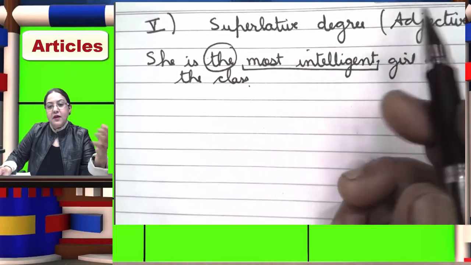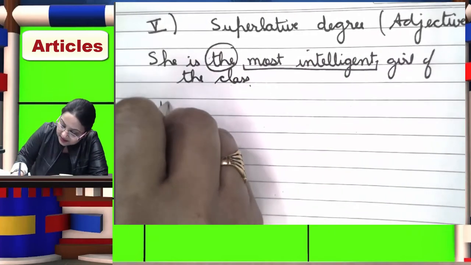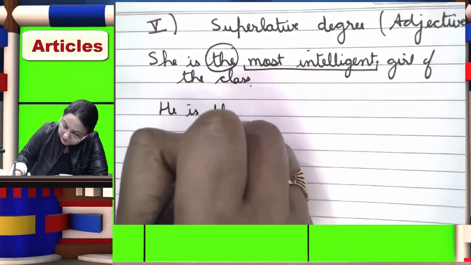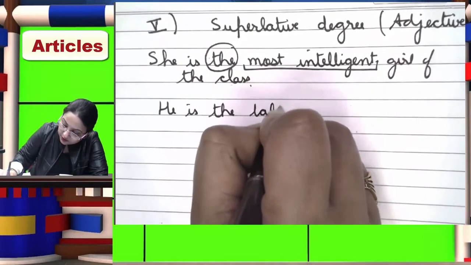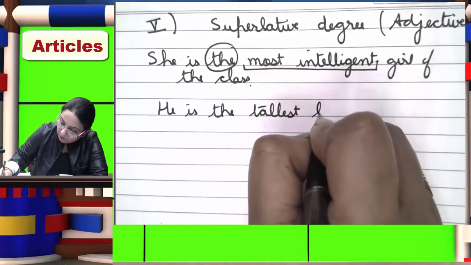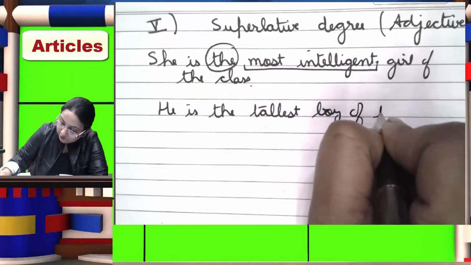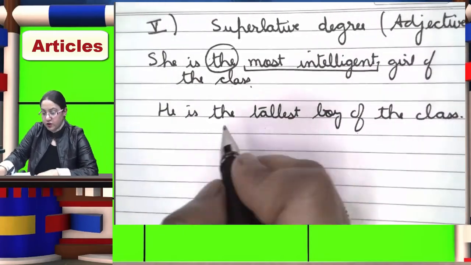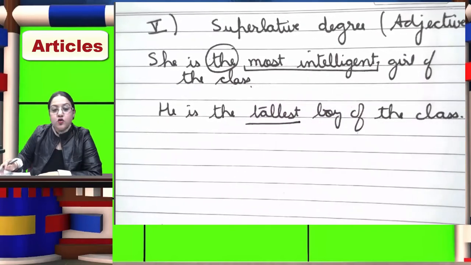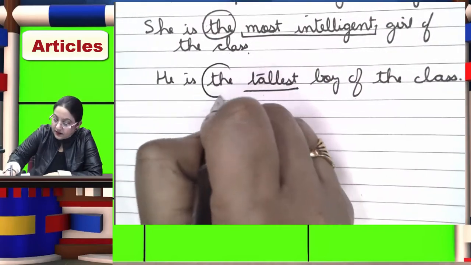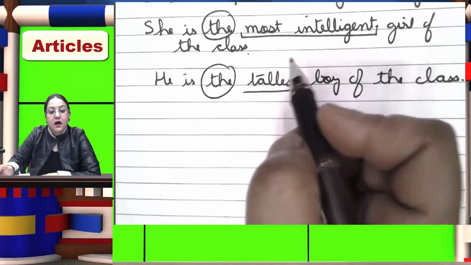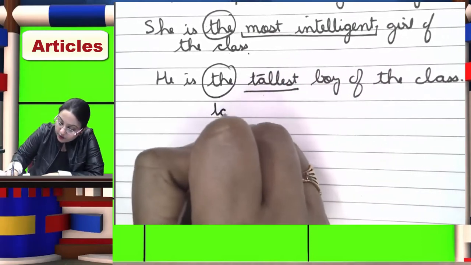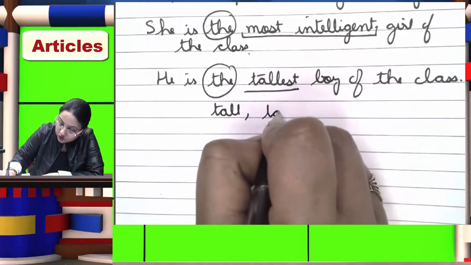Again, in superlative degree, we can also take an example. He is the tallest boy of the class. So tallest is my superlative degree and the is the article. Again, tall, taller, tallest.